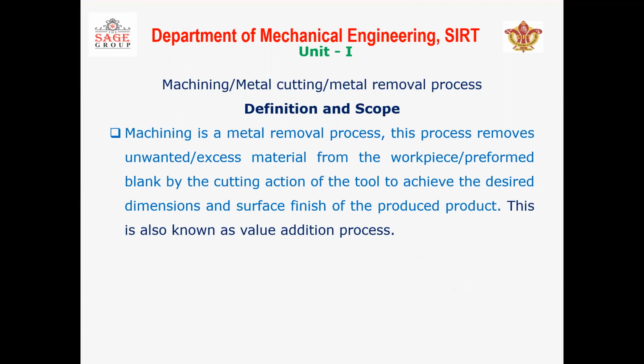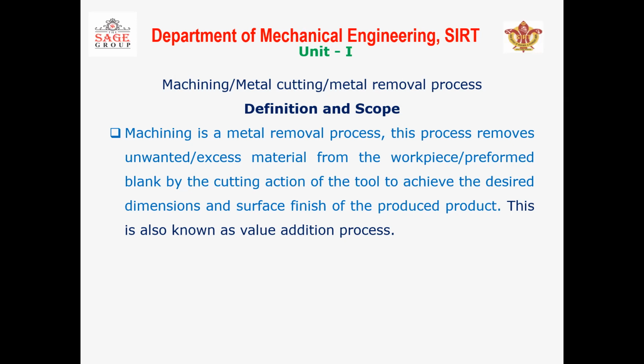This process removes unwanted excess material from the workpiece, also known as preform or blank, so that we can get the proper shape and size of the product, and also we get the surface finish of the produced product. This process is known as the machining process.